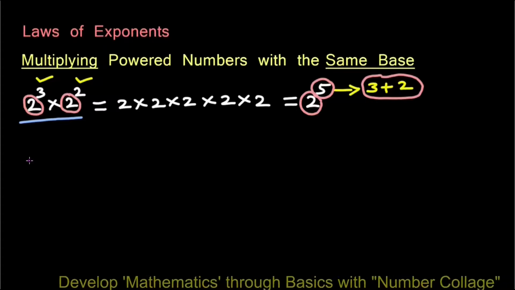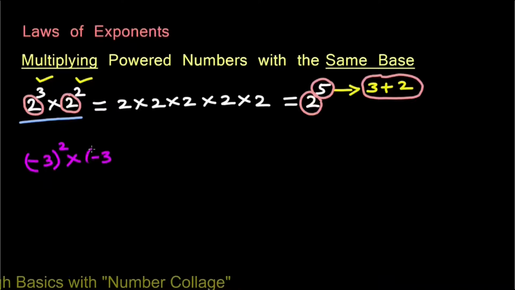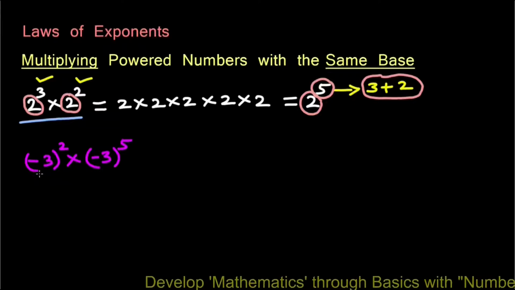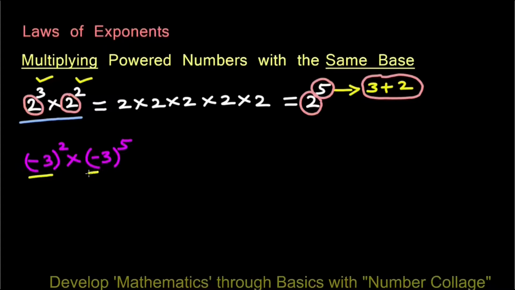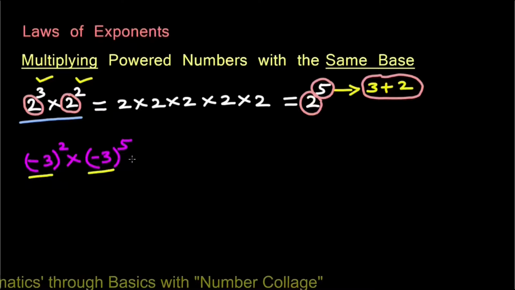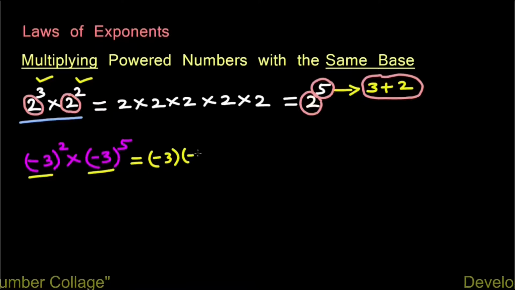Next, let us see minus 3 squared multiplied by minus 3 raised to 5. In these powered numbers, we observe that the base is the same, that is minus 3. For minus 3 squared we will write minus 3 multiplied by minus 3.